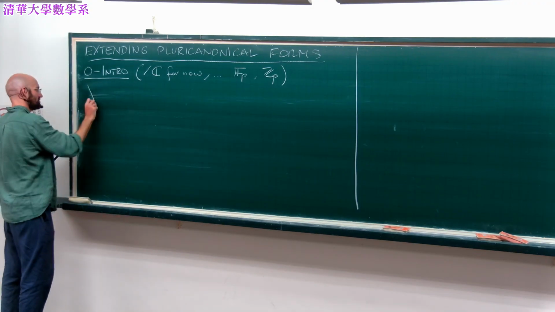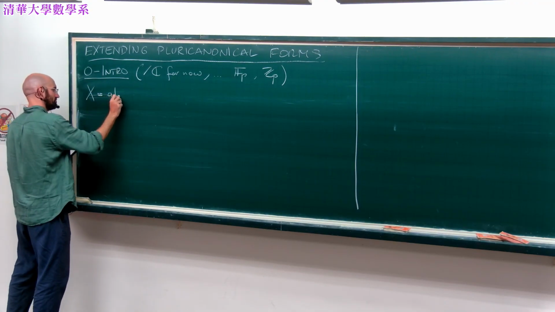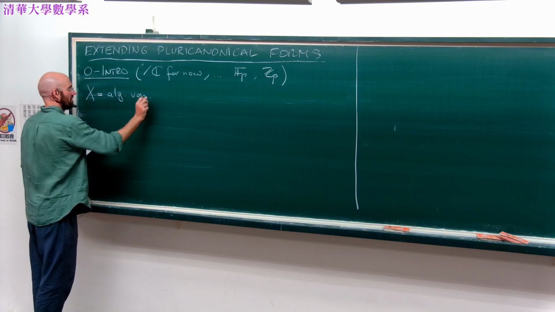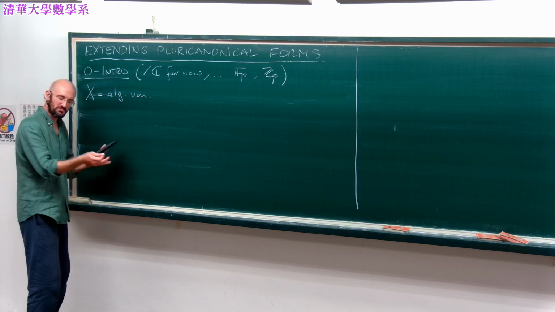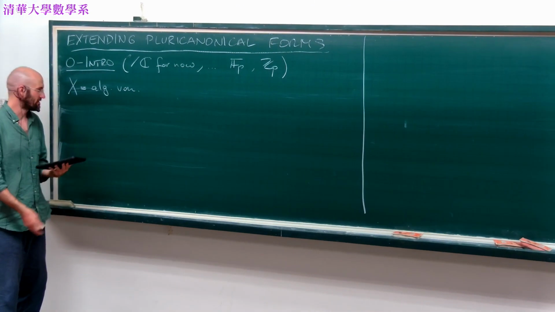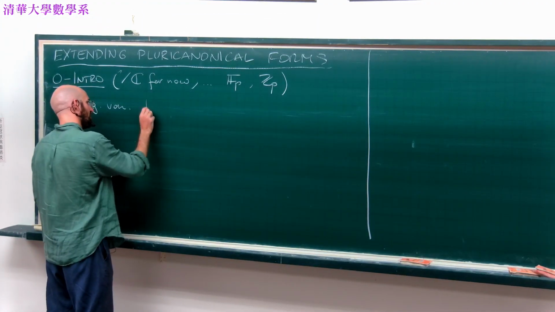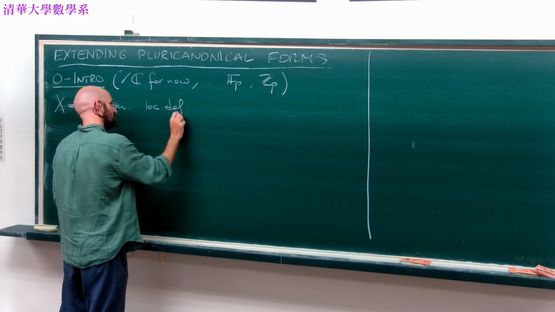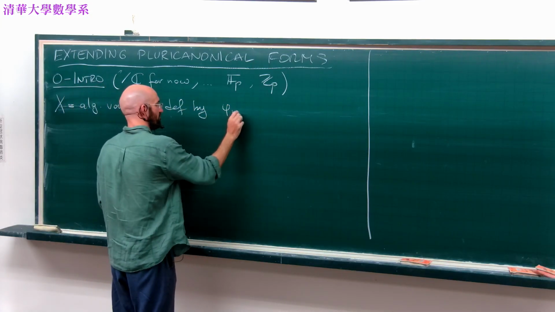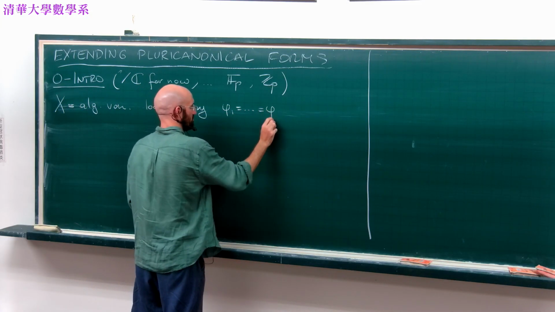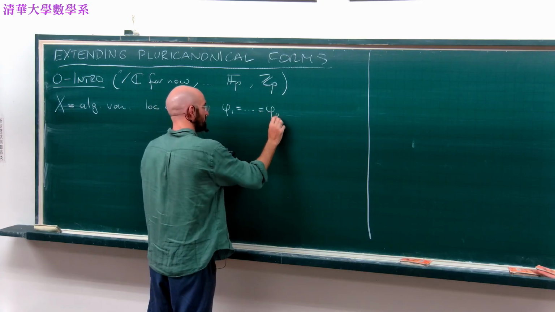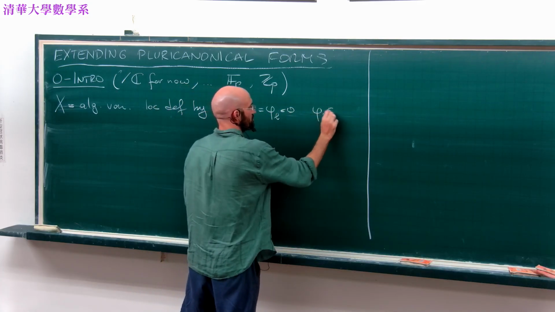So we study algebraic varieties. You can think of them as complex manifolds which are locally defined by, say, phi 1 equal to 0, ..., phi L equal to 0, where these phi i are just complex polynomials.